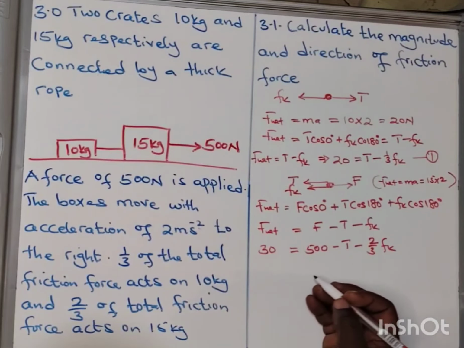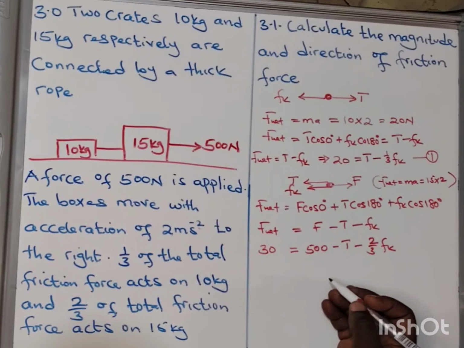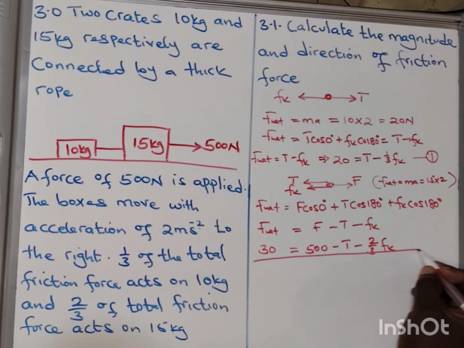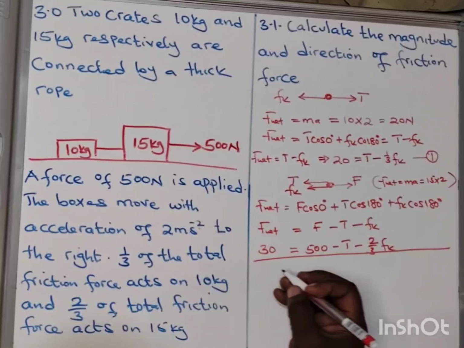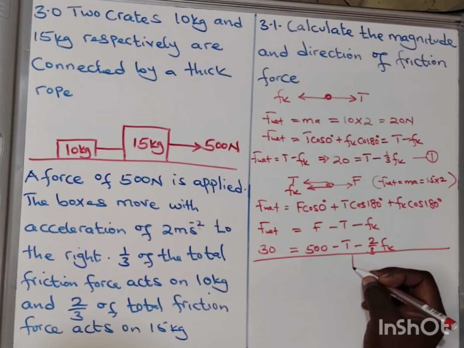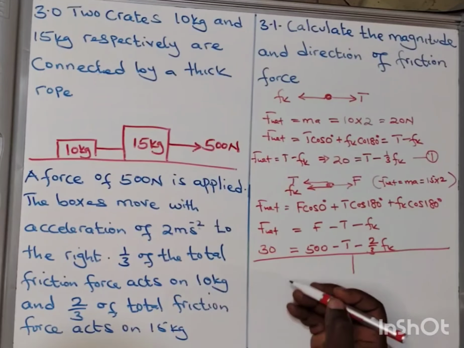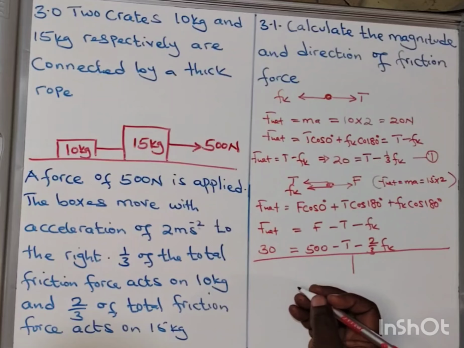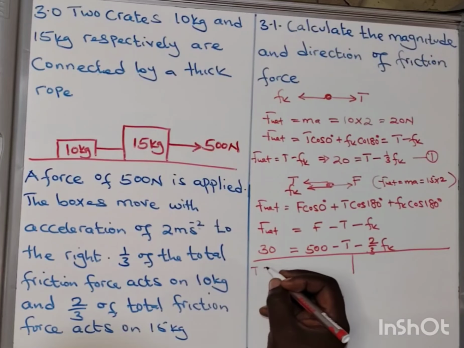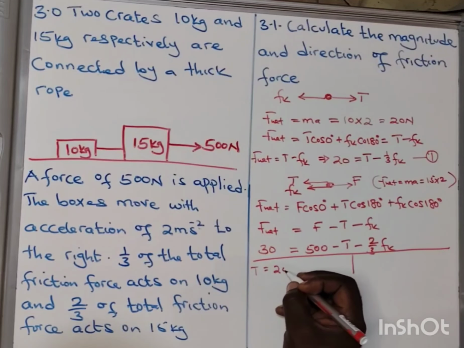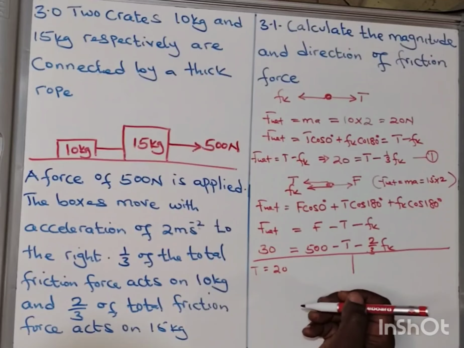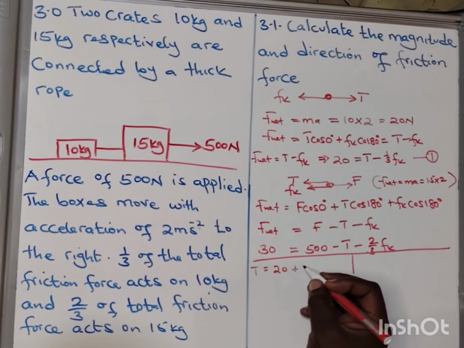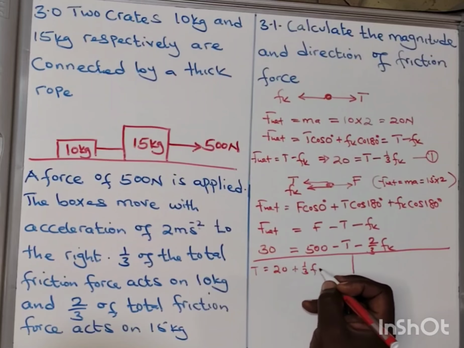Okay, from what we know here, from the equation 1, we know that T is going to be 20 plus 1/3 of Fk.